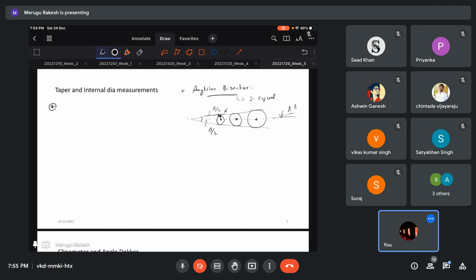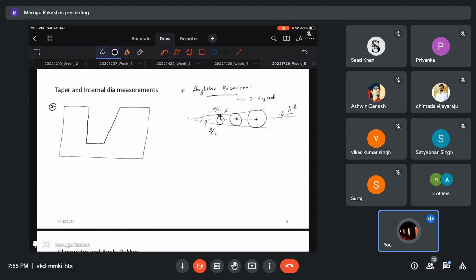Suppose I have an object with one side inclination. We can directly use a sine bar or angle gauges in these measurements, but it is complex to take these everywhere, and sometimes it is impossible to take these angular gauges or sine gauges.